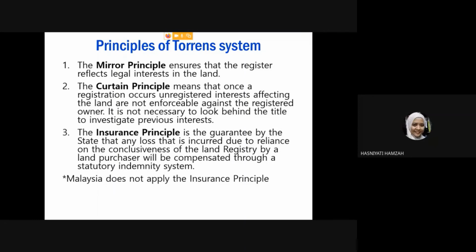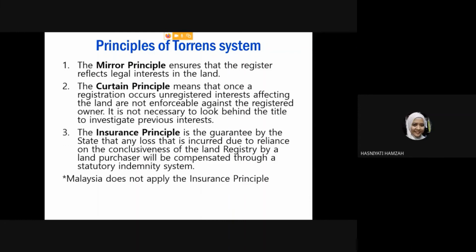Form 14A is the transfer form that needs to be registered for B's title to be recognized by law, by the National Land Code in Malaysia. So A sells his land to B. B pays off the full price to A, but the transaction was never registered in the land office or at the PTG.